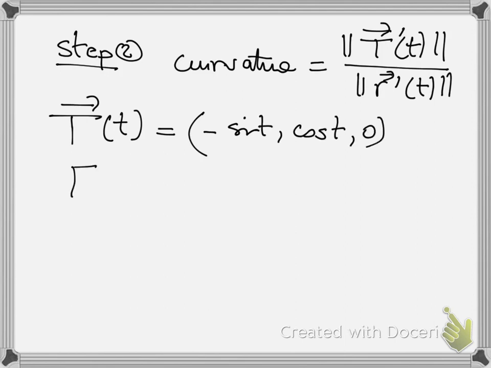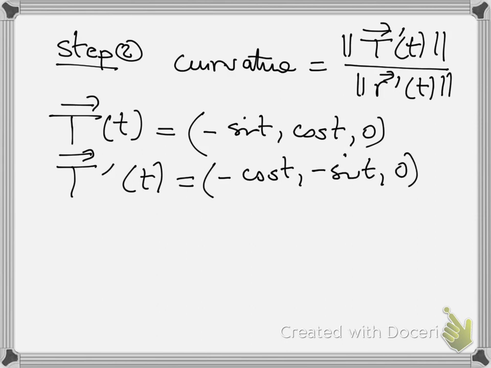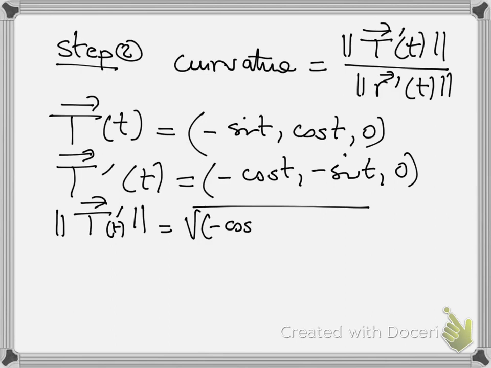So capital T prime: the derivative of sine is cosine, so minus cosine, minus sine, and then 0. The length of capital T prime is the square root of negative cosine of t squared plus negative sine of t squared. That's cosine squared plus sine squared, so the square root of 1, which equals 1.